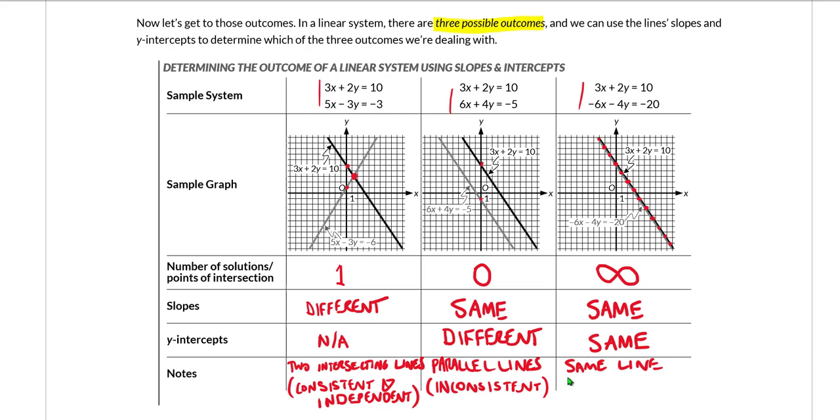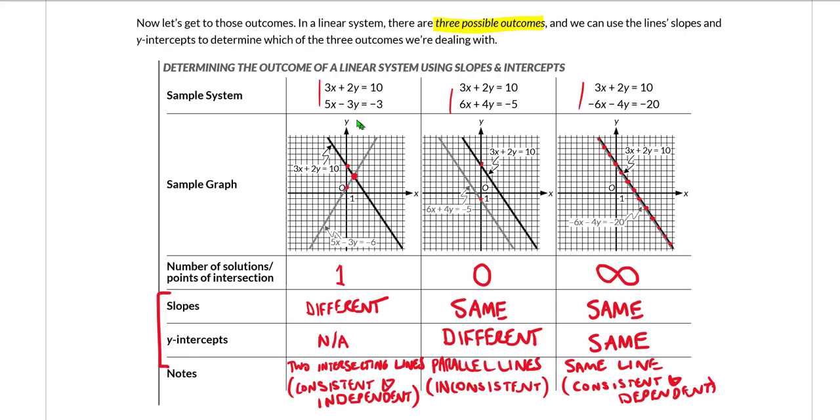And the technical name for this, again, probably won't see these terms show up on the test: consistent and dependent. Those are the 3 outcomes of a linear system which you can determine using slopes and y-intercepts.